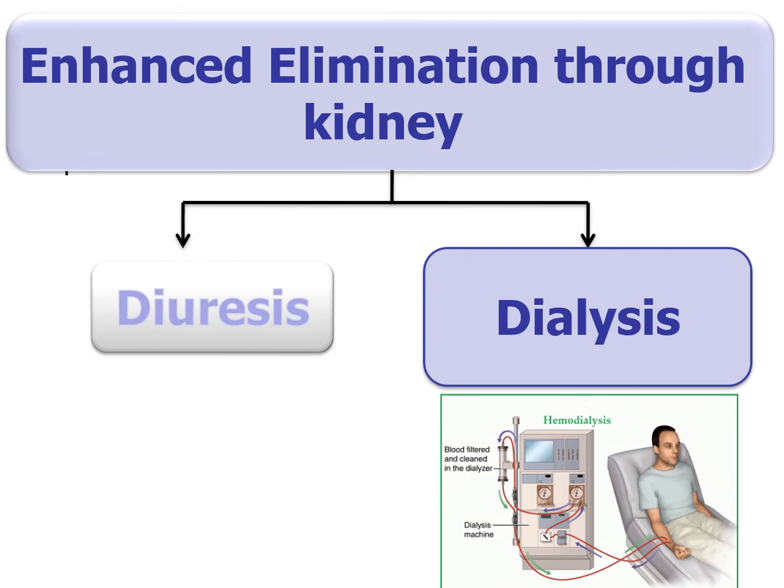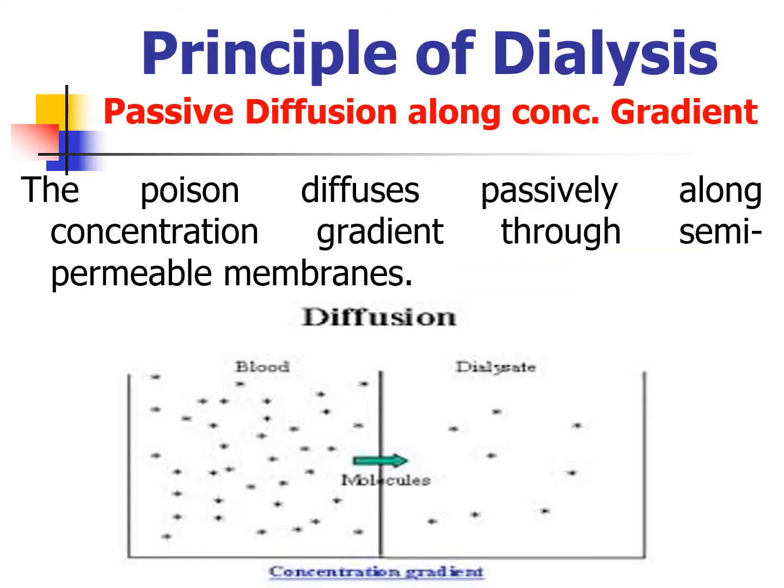Now we will talk about dialysis. The principle of dialysis is a passive diffusion of substances along concentration gradient. For example, we allow the blood with the higher toxic concentration to be on one side of a semi-permeable membrane, and on the other side of the semi-permeable membrane, we put a clean dialysate fluid.